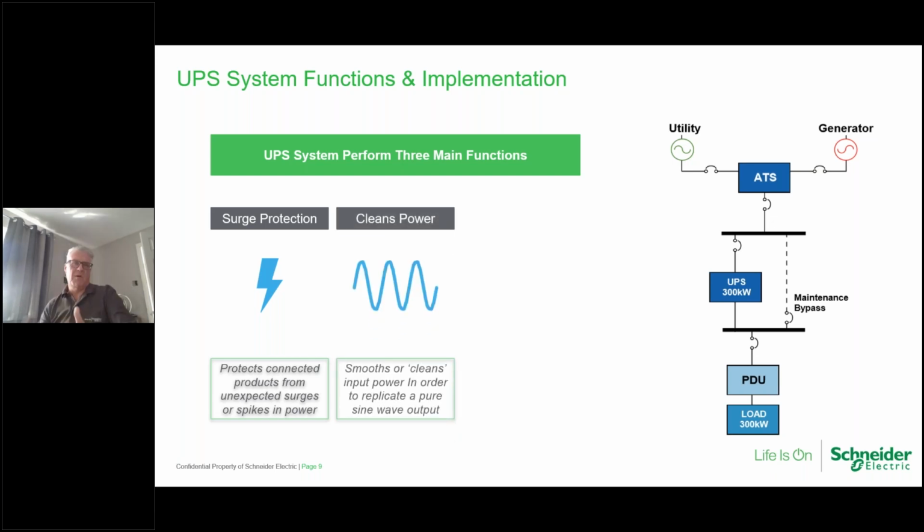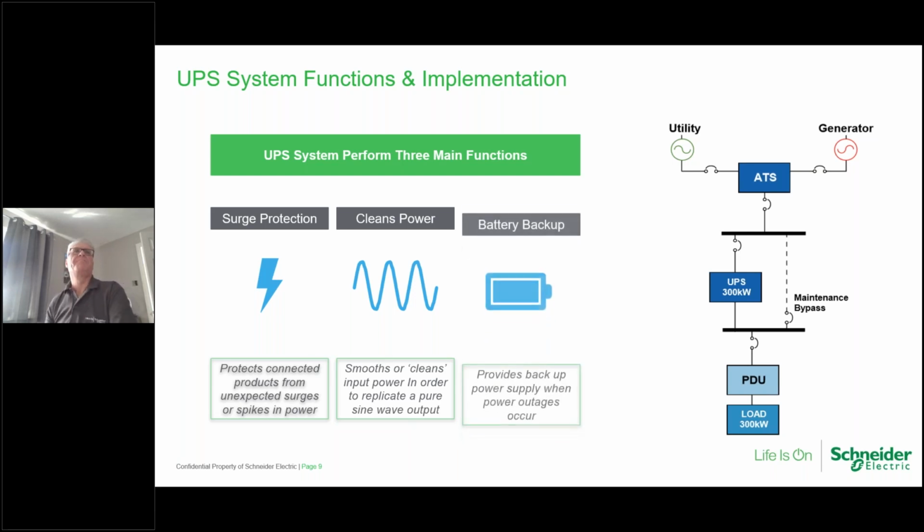We also want to provide clean power to our equipment. So we're looking to smooth the input power and replicate the pure sine wave on the output so that our loads are quite happy and sitting there quite comfortably with no issues.